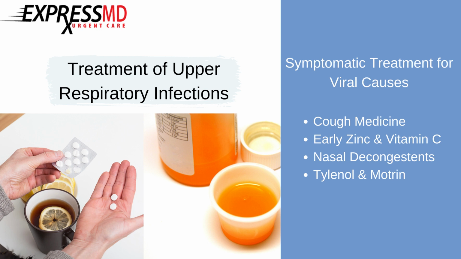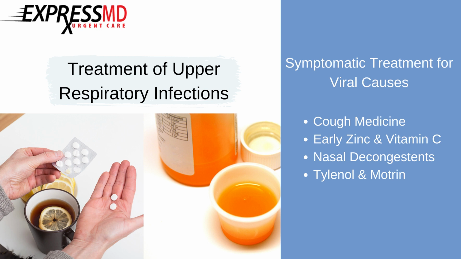So, some of our directed treatments for URIs include cough medicine to suppress your cough, vitamin C and zinc, especially early on during the URI infection, can help shorten the duration and the magnitude of the symptoms.